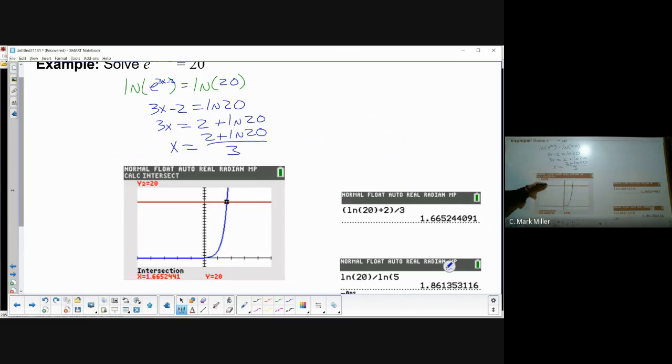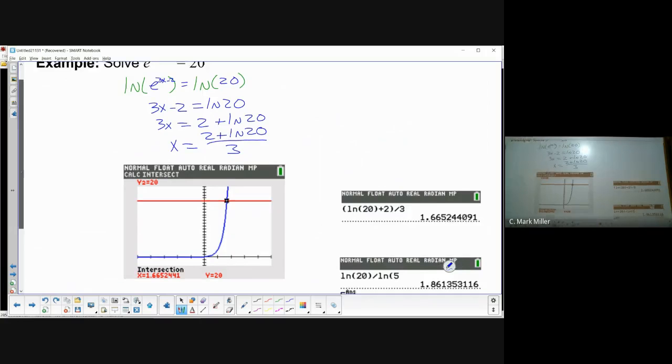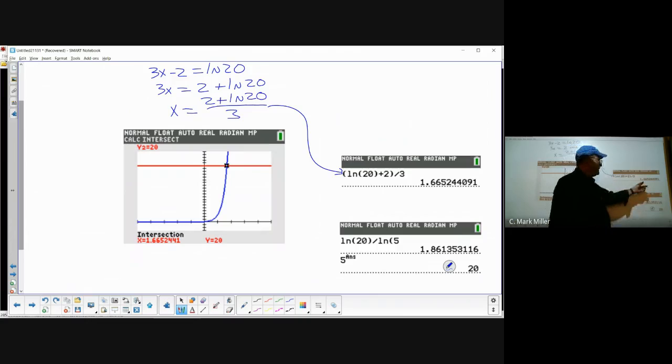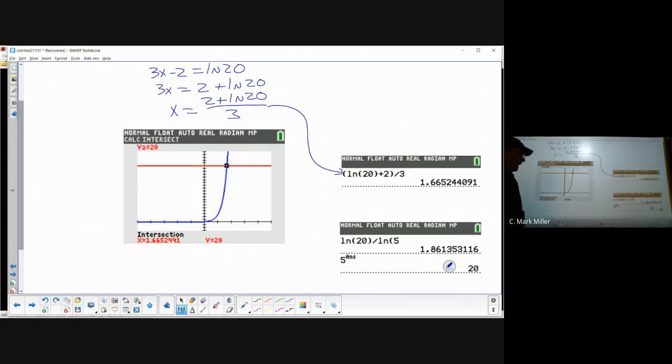This is 20. You figure out where they cross. They cross at 1.665. Similarly, if I just compute what that is, right here, that is 1.665.